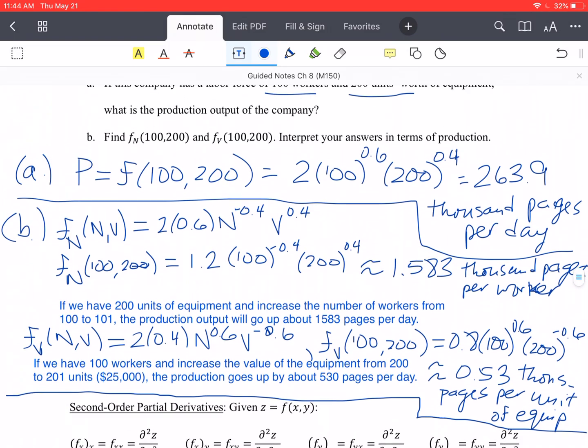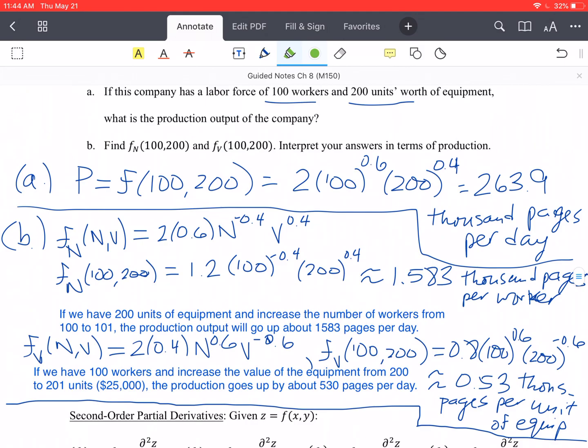So as you can see, it is more effective having an additional worker as opposed to additional machinery. The worker gives you more pages per day, but when it comes to decision making, if you're the one running this business, you think, okay, the worker is getting me about 3 times the production, but think about the difference in expense.